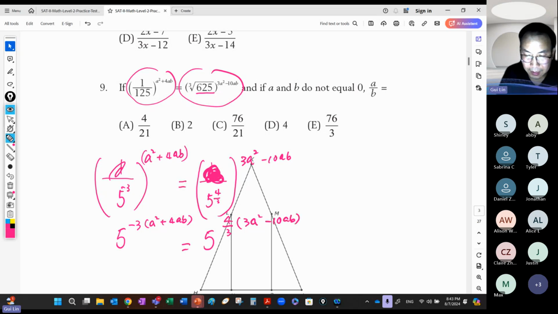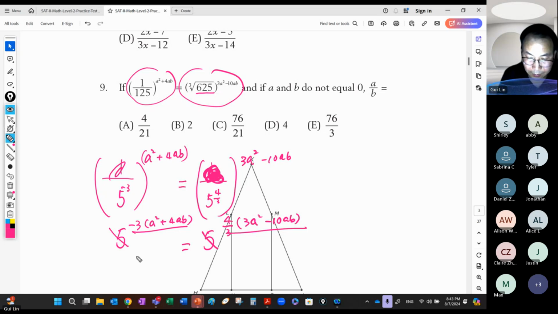Okay, so the base is the same. We can make sure the exponent parts are equal to each other. All right, so we can get this part out. So the rest of the exponents should be equal to each other, right? Does it make sense, everyone?